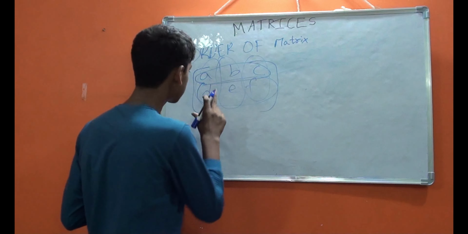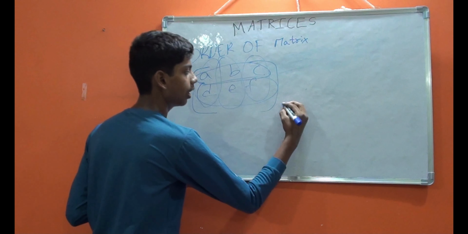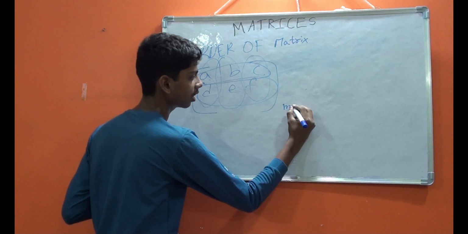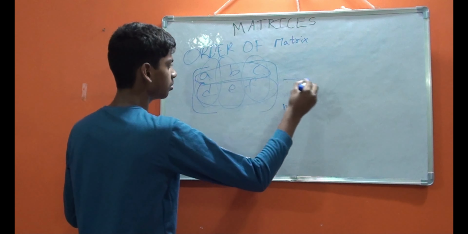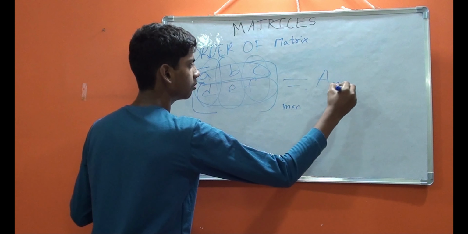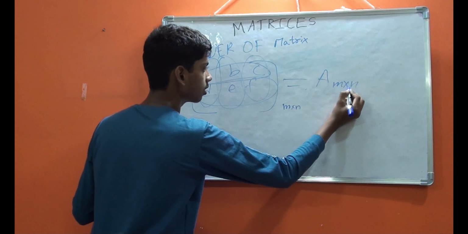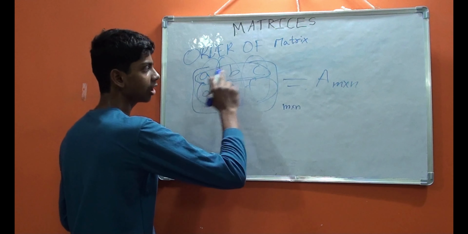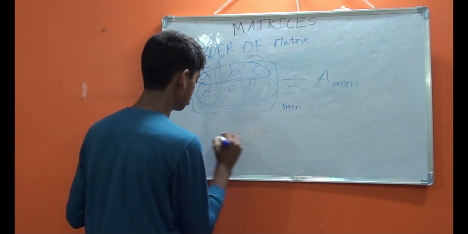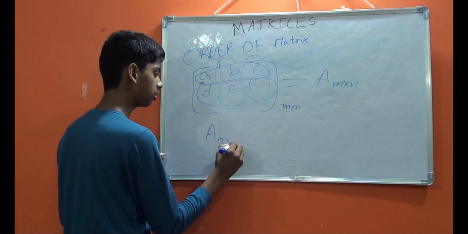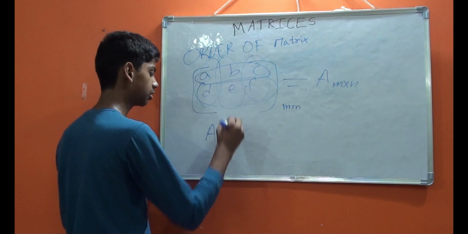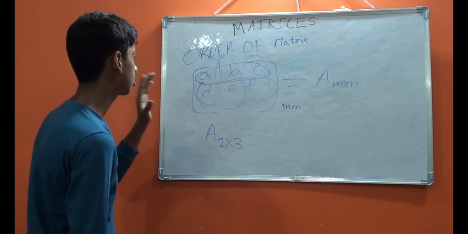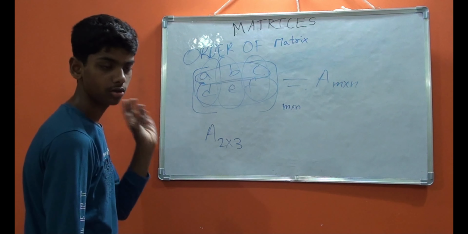We represent the rows as M and the columns as N, so this matrix is M into N. Here M equals the number of rows, which is 2, and the number of columns is 3. So this matrix order is 2 into 3.